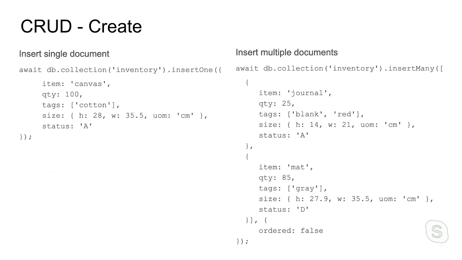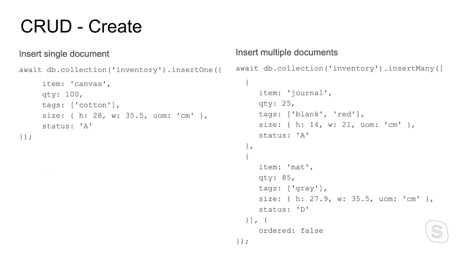In other languages it can be a little bit different. I think in C# we have to create a BSON instance of the document, which you then insert. Inserting multiple documents is completely the same, but you're passing an array of documents.